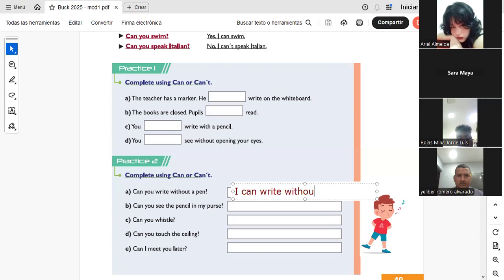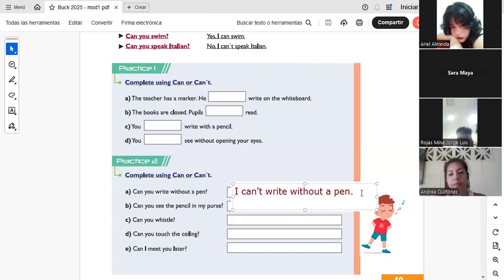Are you sure? Can you write without a pen? How are you gonna write? With your powers. Is that negative? It is negative. You cannot. I can't write without a pen. It's common sense. Okay. So what about the next one?